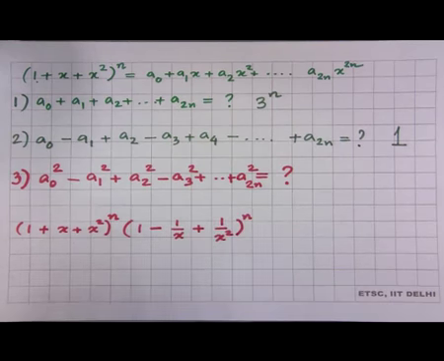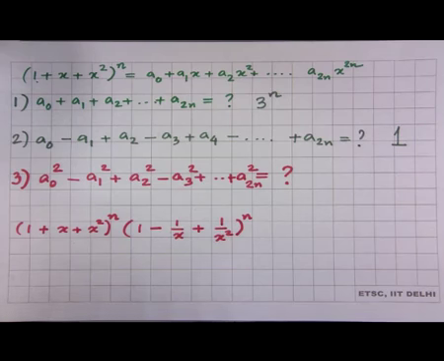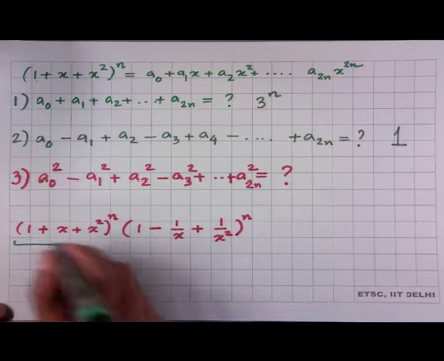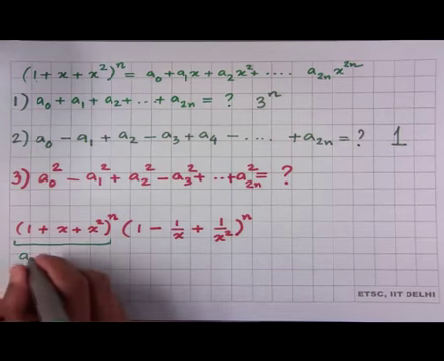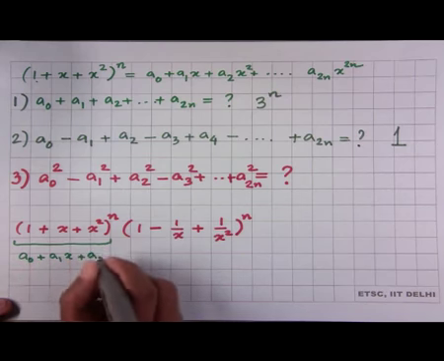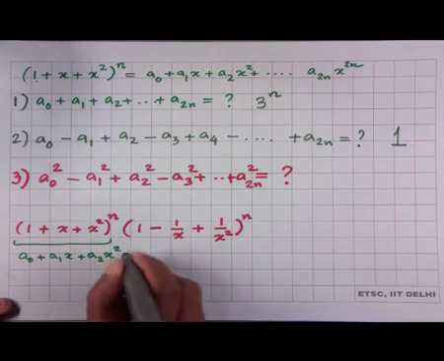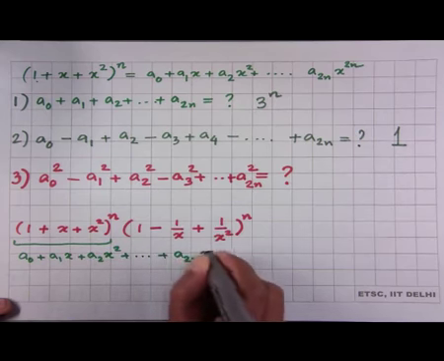Okay, this is one possibility, because the first one is going to expand out, and what will you get here? You will get a0 plus a1 x plus a2 x squared plus so on all the way till a2n x power 2n.